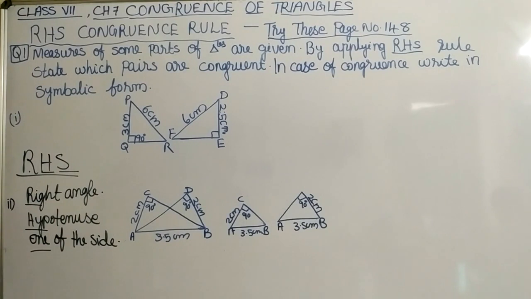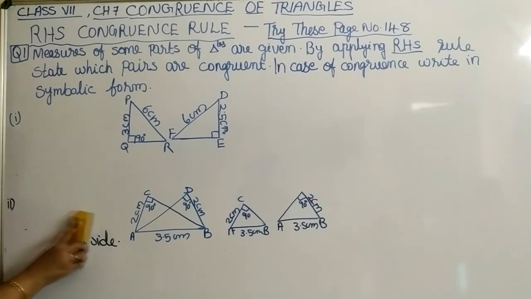Then the 2 triangles are said to be congruent by RHS congruence rule. So in this sum, we are trying to solve by using RHS rule. So we need right angle, hypotenuse, and one of the side must be equal.